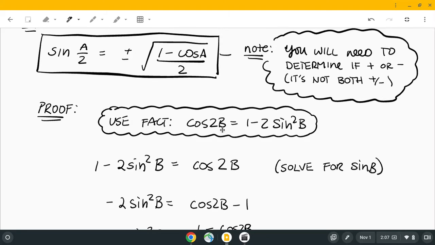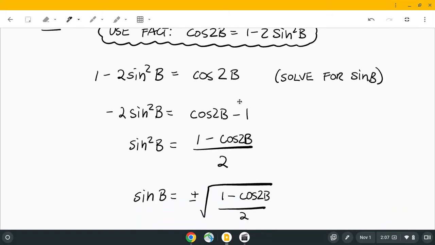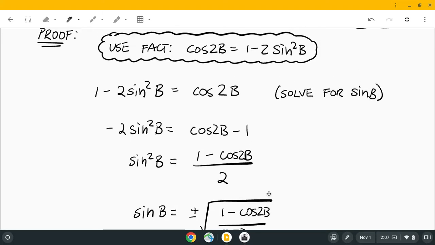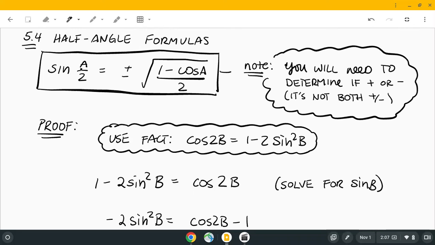Whether we use A or B comes out to be almost the same, right? If you take a look here, we have this angle B, and this one is twice as much. Is that true here? We have an angle here, and is this twice as much? Well, in fact, it is.